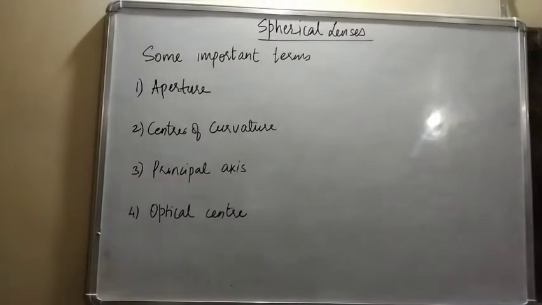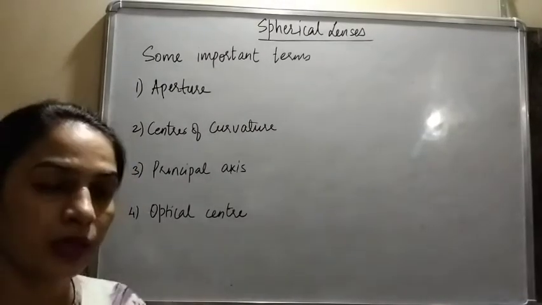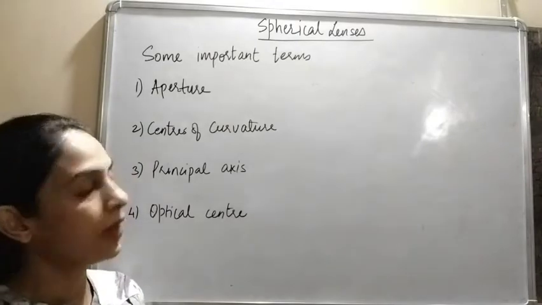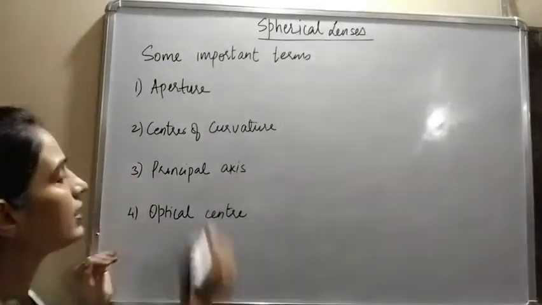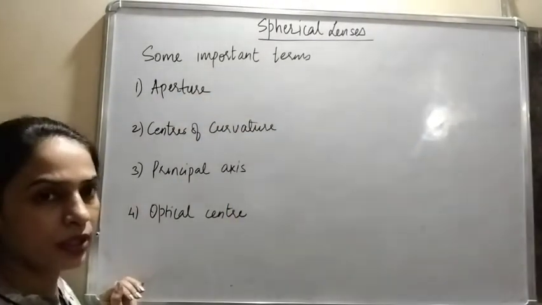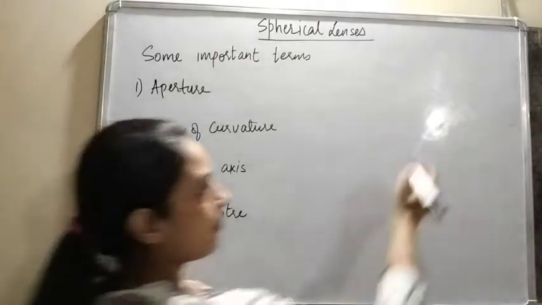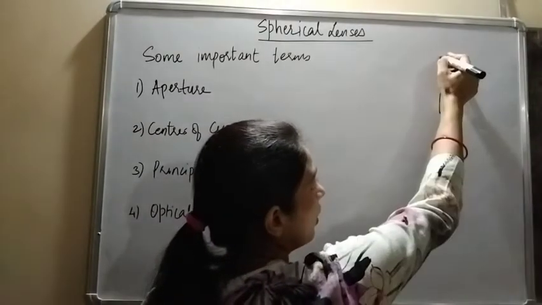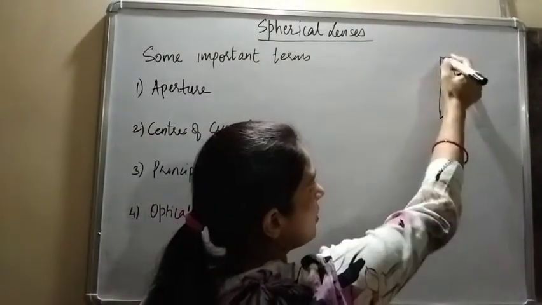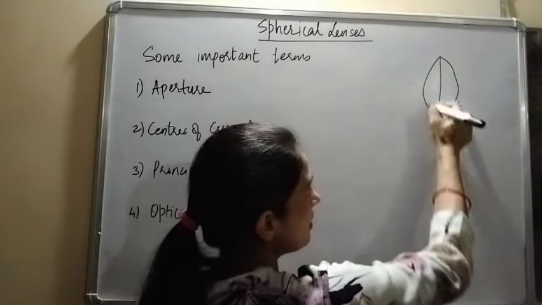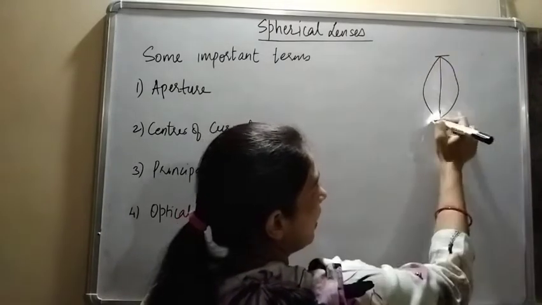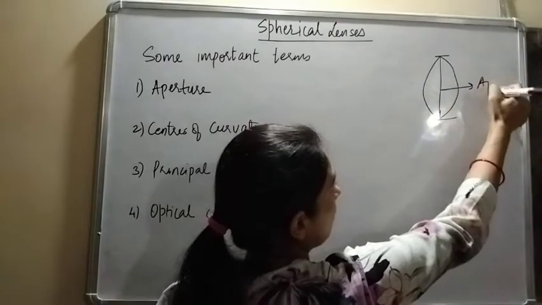So let's look at some important terms related to spherical lenses. The first one is aperture. What is the aperture of a lens? The diameter of the curved surface. If this is the curved surface of the lens, this will be the aperture here.